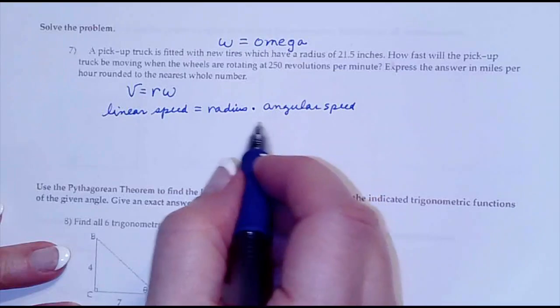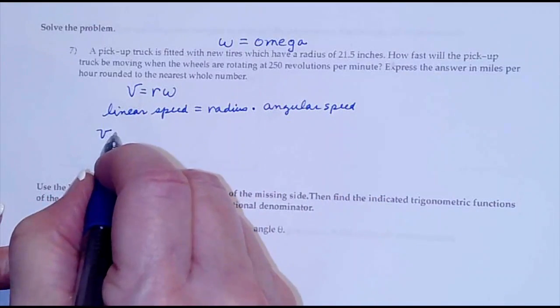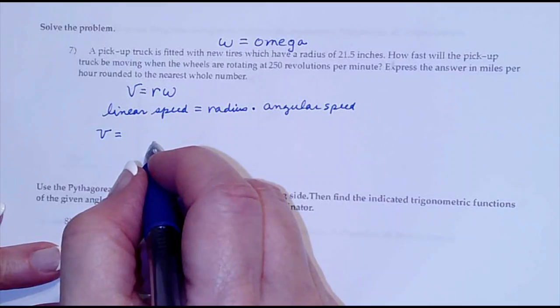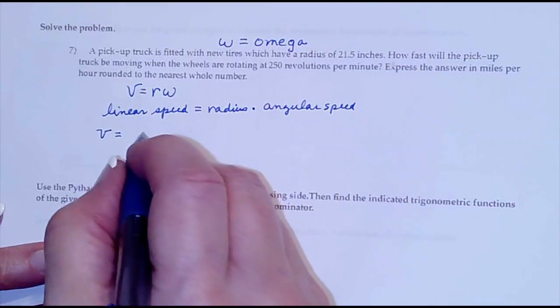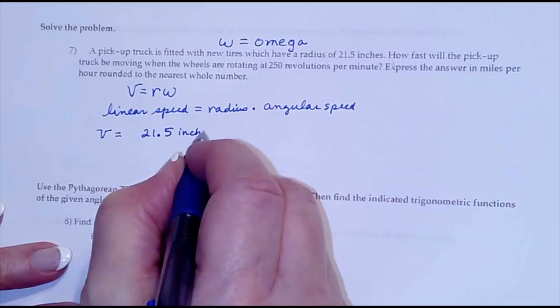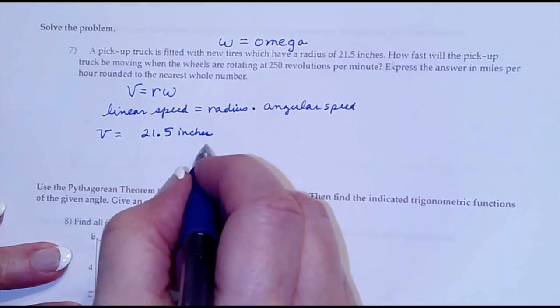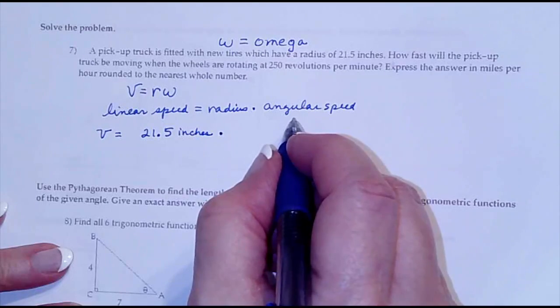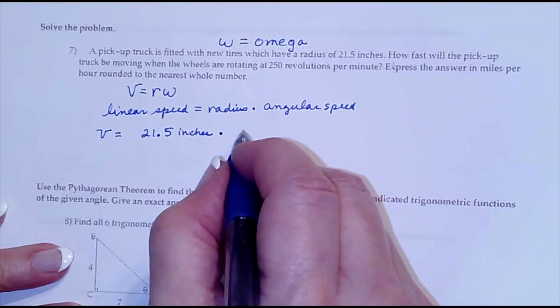So in our problem, we're going to find the linear speed, and it has a radius of 21.5 inches. So we have 21.5, and in this case we're going to put the inches in the problem, times the angular speed, which is 250 revolutions per minute.